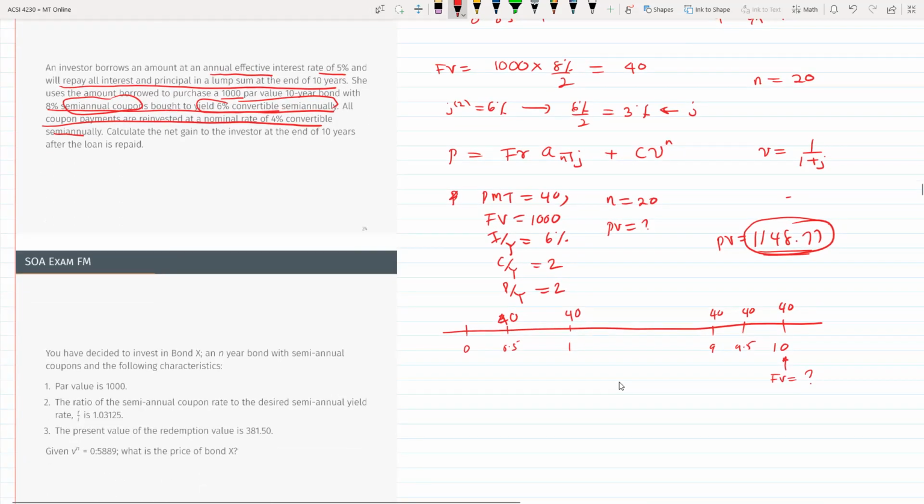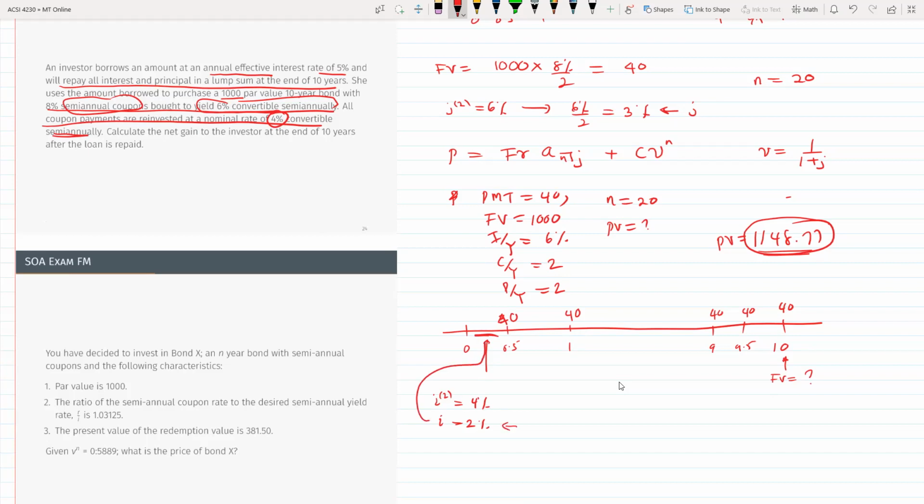So how do we do that? If you look at this, this is an annuity immediate, no? So annuity immediate, how many payments? 20. What's the rate? 4% convertible semi-annually. So the rate would be 2%. You can see i2 is 4%. So the rate is 2% for the 6 months.